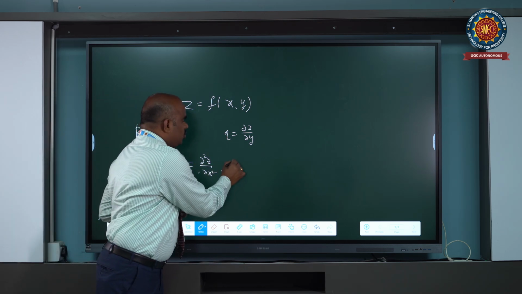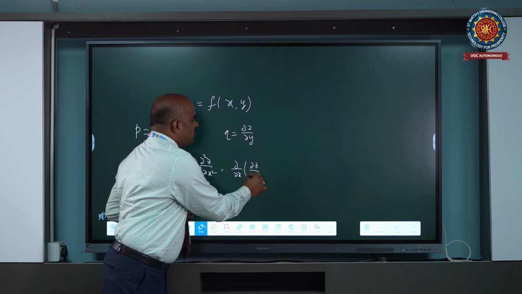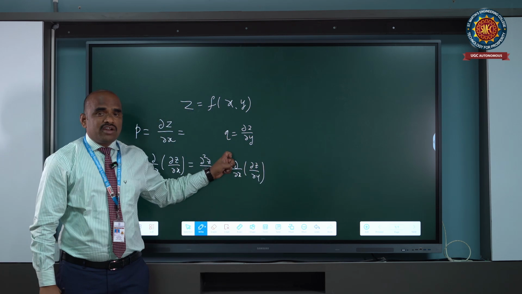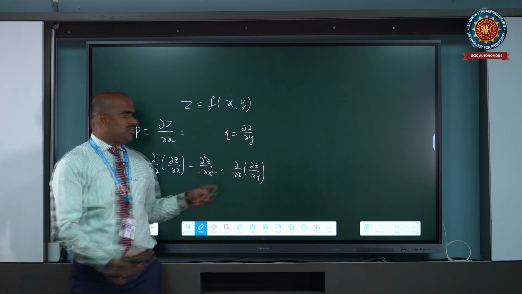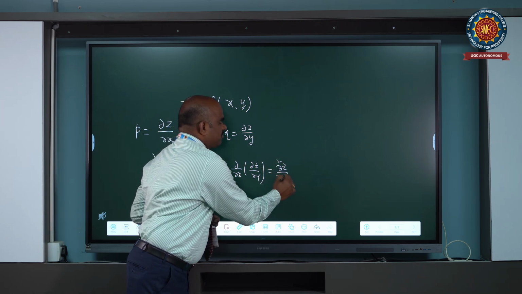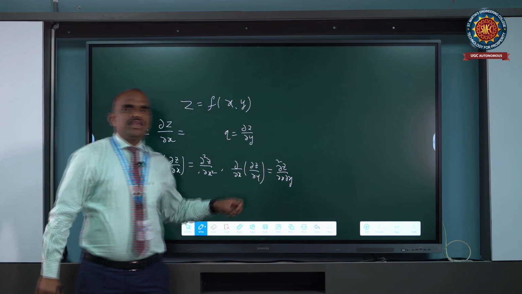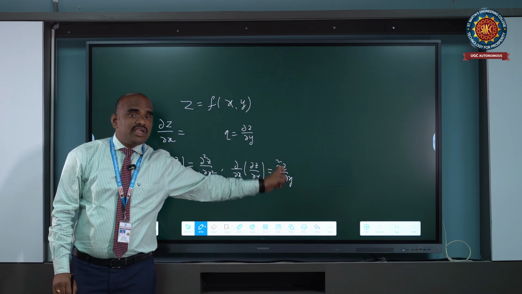Similarly, dou by dou x of dou z by dou y is the partial derivative of dou z by dou y with respect to x. It is dou square z by dou x dou y, a second order partial derivative of z with respect to y and x.